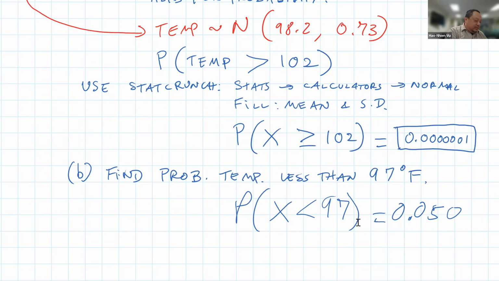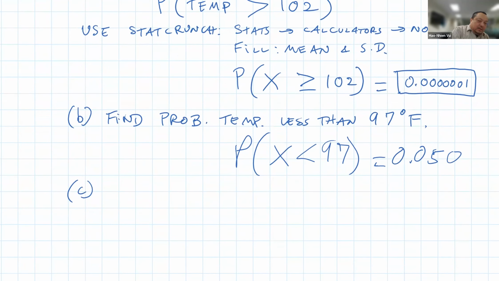Okay, let's do one more. It's a little bit different. If you don't have a fever, what kind of temperature is not having a fever? Well, let's say that when you're 100 degrees Fahrenheit, do you worry?